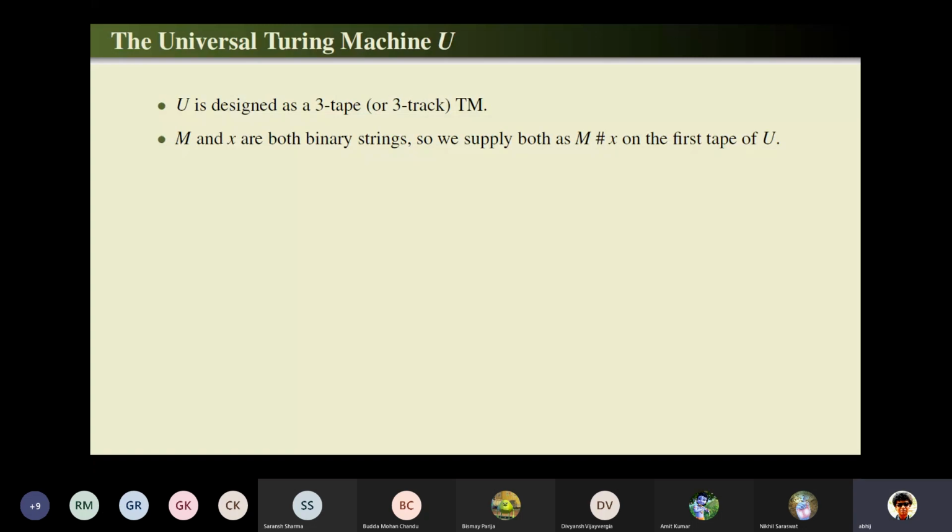Encoding of M followed by some separator hash followed by an encoding for the input X for M. So these two encodings separated by a hash form the input of the universal Turing machine U.